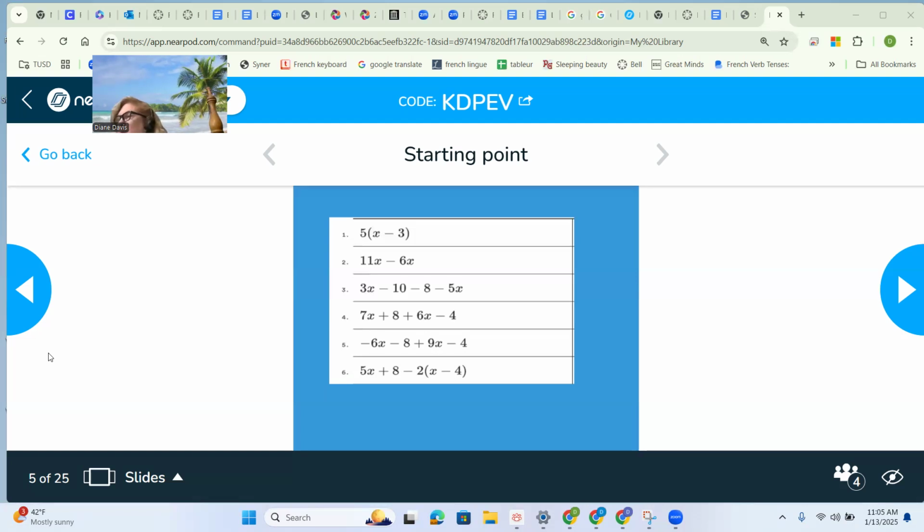So don't be confused by that. Okie dokie. Anybody know? You have negative 6x and positive 9x. What does that give you?